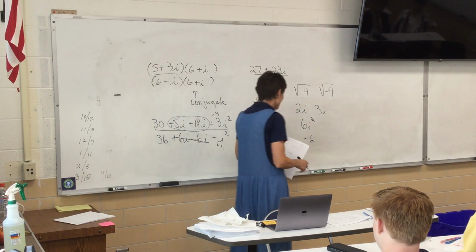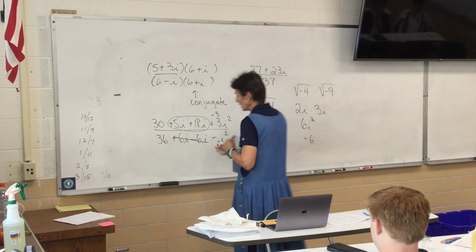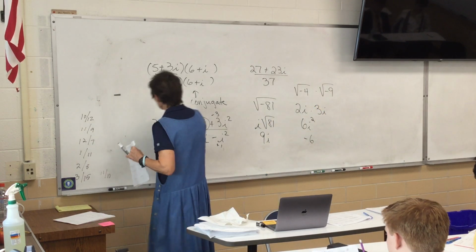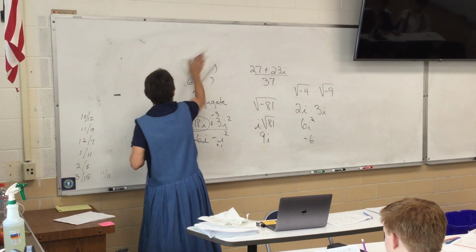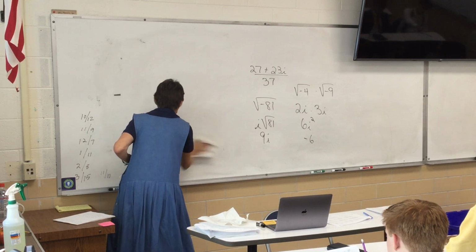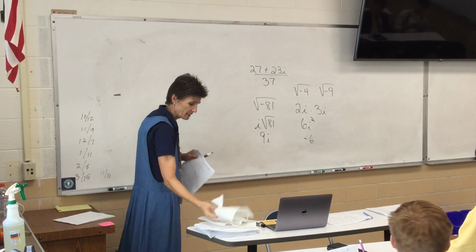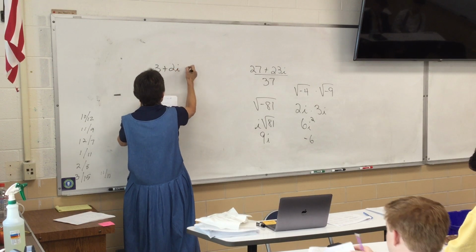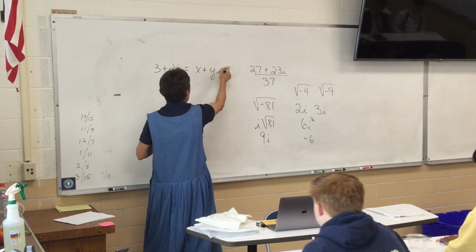All right, let's look at the next one because it does not look quite so easy, but it is. Don't let all the letters mess with you. Please don't let them bother you. 3 plus 2i equals x plus yi.